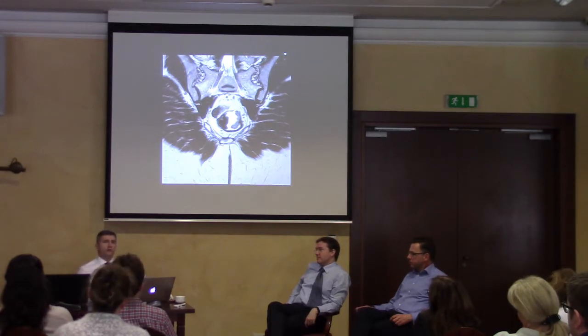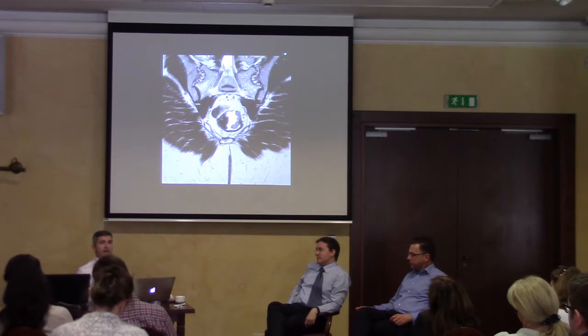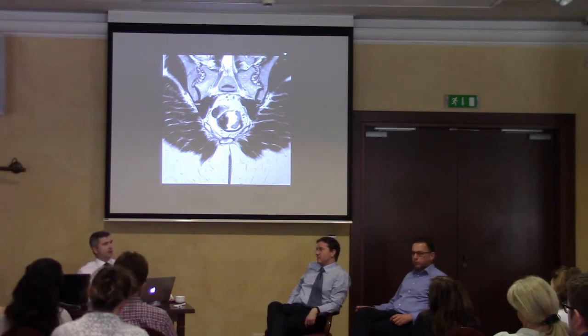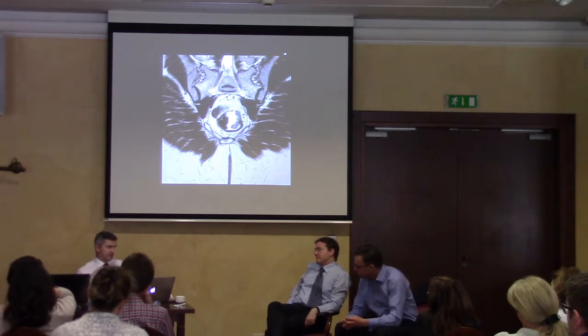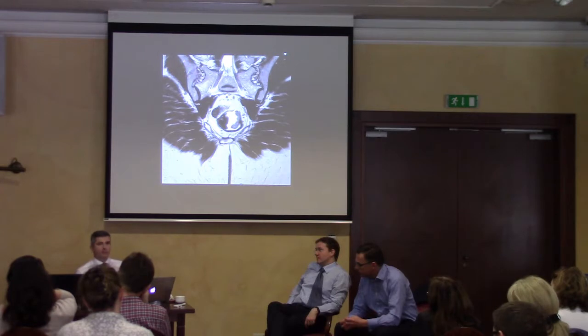Right. So it shows you that it can be difficult to be definitive, but these are the kind of discussions that we'll have. Now, endoscopically, I think it was assessed, and it was just felt to be too extensive to do an endoscopic approach.